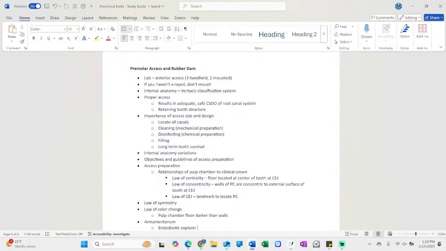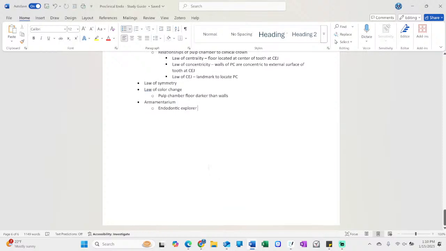But having the right instruments is important. If you're not getting a stick in the tooth, of course you haven't found the orifice. Like this endo explorer here hasn't quite made it to the orifice into the pulp chamber, so we know that we're not quite in it.